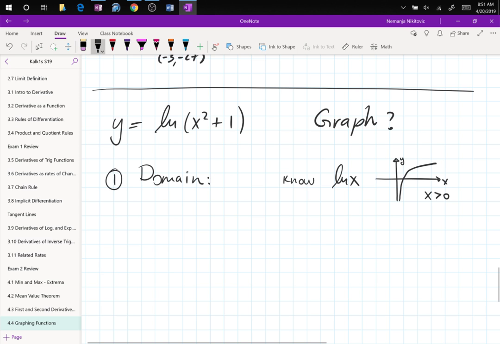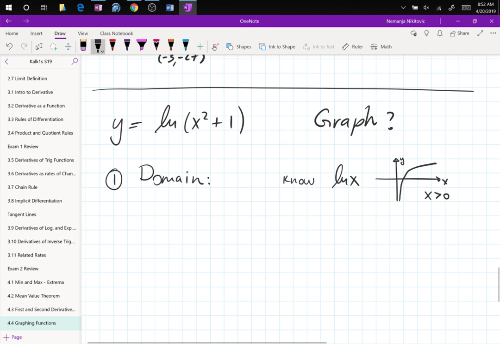But now we have x squared. And x squared will allow for negative numbers as well, because any number you put in the square gets squared and becomes positive. And then also 0 is allowed too.